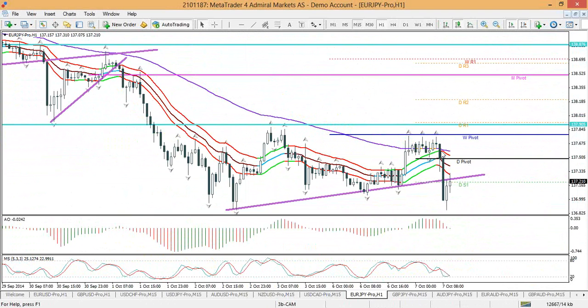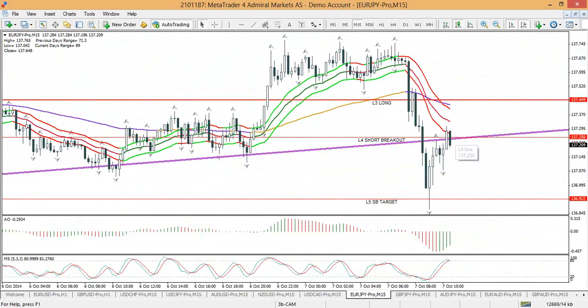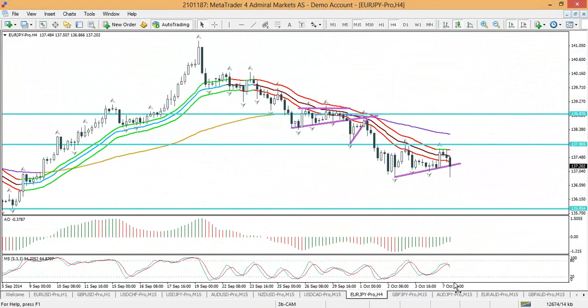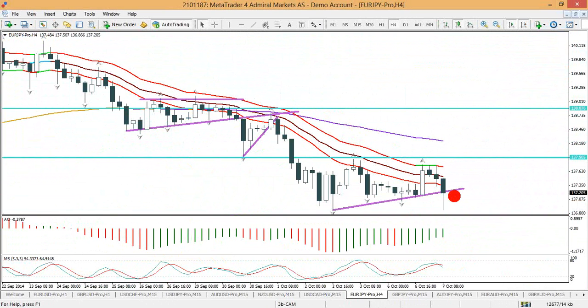In fact, this could be a hook back, but okay. From an intraday perspective, we already hit the L5. But from a 4-hour perspective, it depends how this candle reacts to this breakout, because it is trying to challenge this trend line. It's trying to break below it. It's also bounced off the 21 band for the second time.